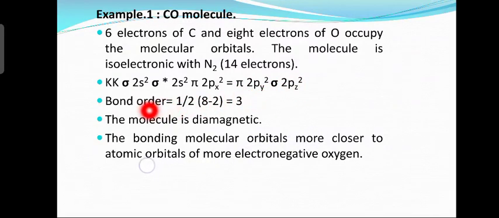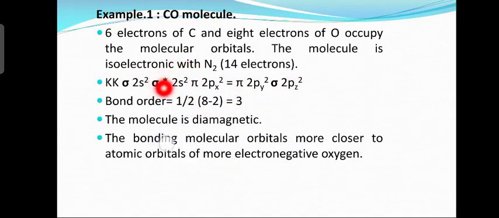Therefore, bond order. How do you determine bond order? It is equal to half of the total number of bonding molecular orbital electrons minus the total number of antibonding molecular orbital electrons. Here the bonding molecular orbitals contain 8 electrons: 2, 4, 6, 8, total 8. How many antibonding?